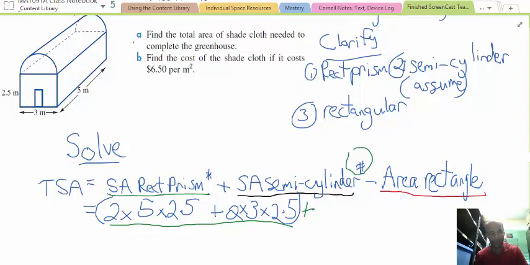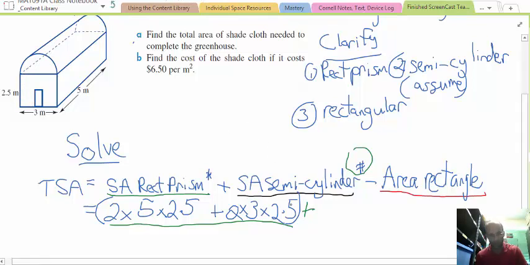Now this is going back a little bit, but we looked at the surface area of the cylinder is going to be basically half of 2 pi r squared, two circles, plus 2 pi r h.